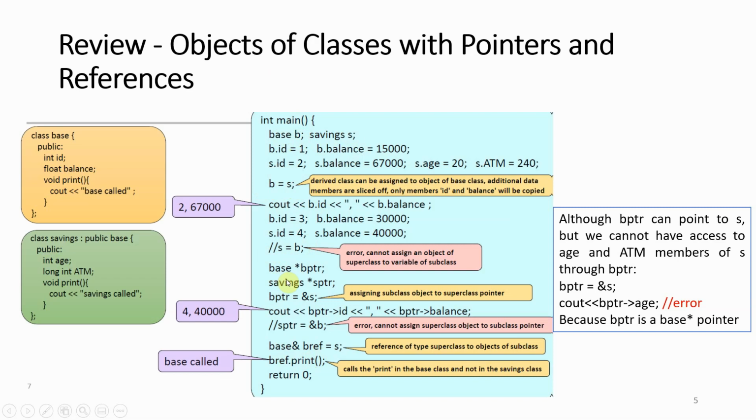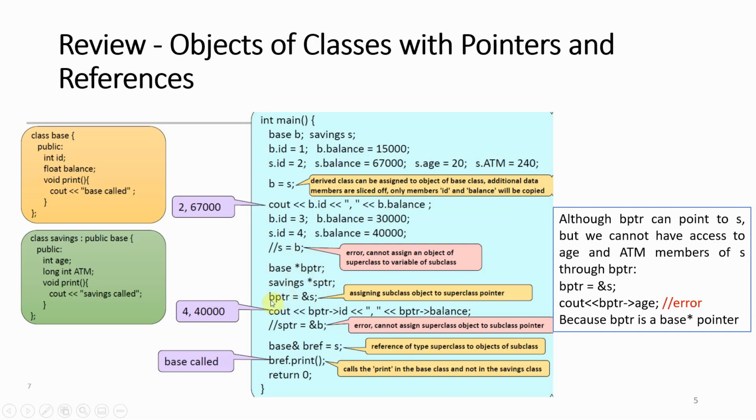And if we have a pointer of type base star, it's going to point to an object of class base, and we have SPTR, which is a pointer of savings star.